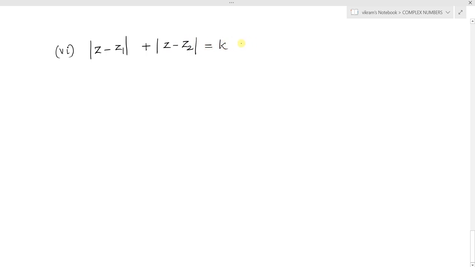The condition to be satisfied is that k is greater than mod of z1 minus z2.